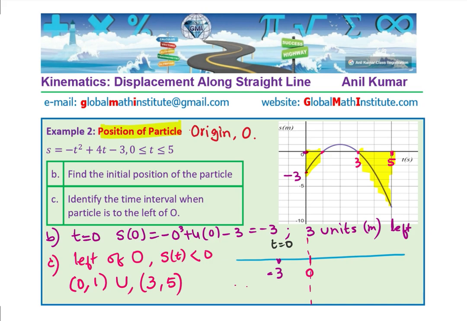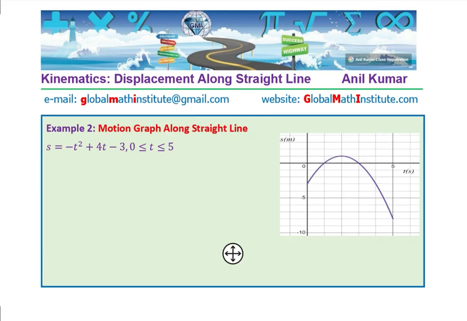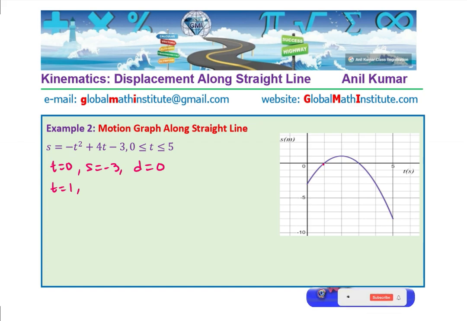Correct? Now let's look into how we sketch the motion graph of this particular situation, right? So we have got very critical values already. At t equals to 0, we have s equals to minus 3 and the displacement d is equal to 0, correct? At t equals to 1, when you plug it in here, s is equal to 0 and it has covered 3 units of distance, right?